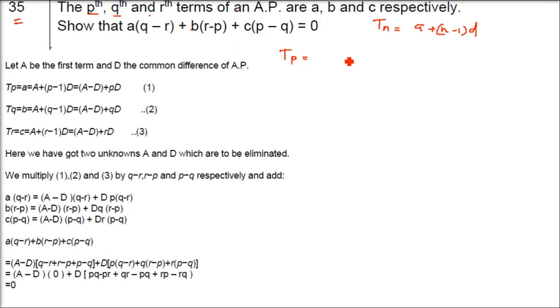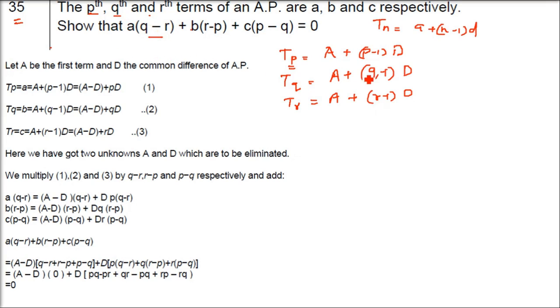So Tp will be what? Capital A I am taking in place of small a. A plus (p minus 1) into D, capital D I am taking. What is Tq and Tr? So it's A plus (q minus 1) into D. I'm writing this just to show how it's going to be cancelled, because these are the terms we are going to add. This A plus (p minus 1) into D is a.